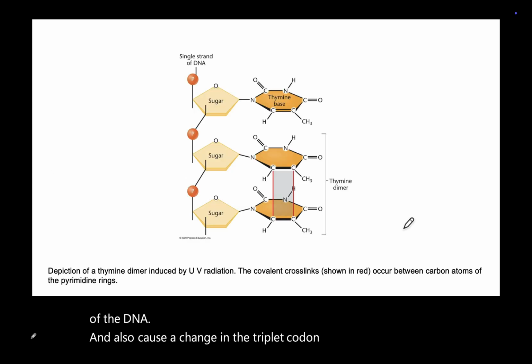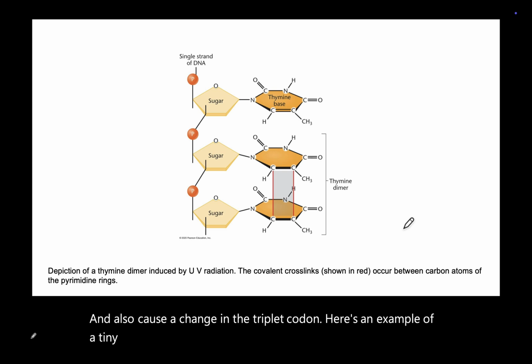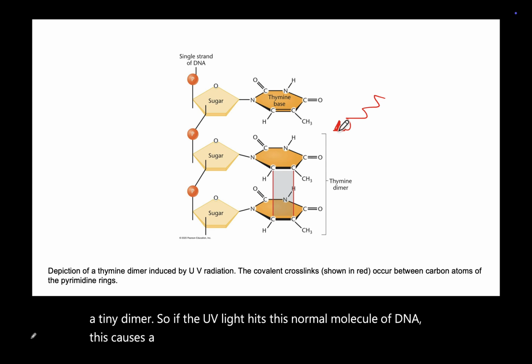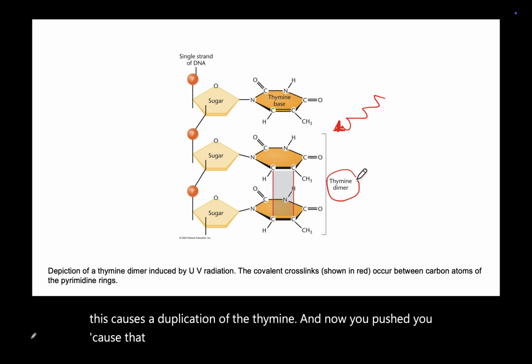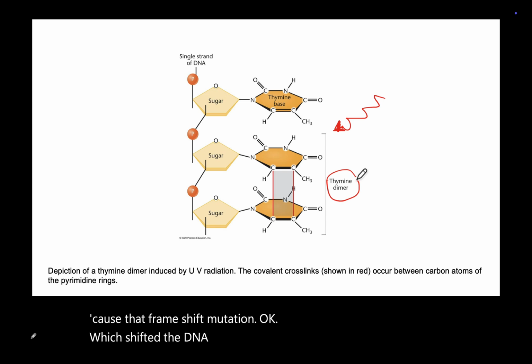Here's an example of a thymine dimer. So if the UV light hits this normal molecule of DNA, this causes a duplication of the thymine, and now you cause that frame shift mutation, okay? Which shifted the DNA, which shifted the triplet codons.